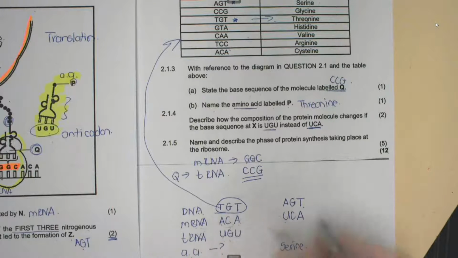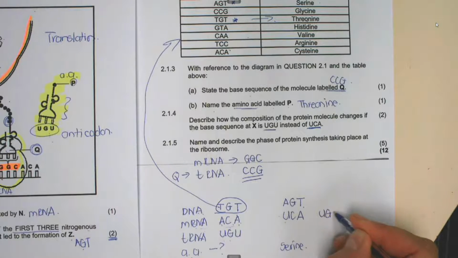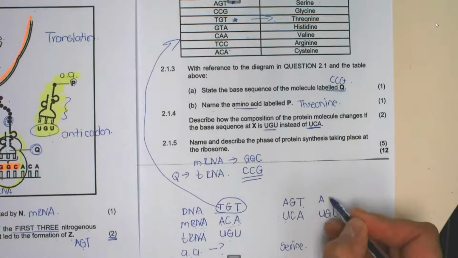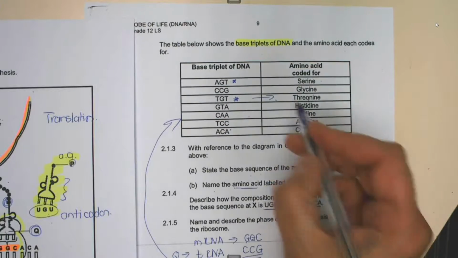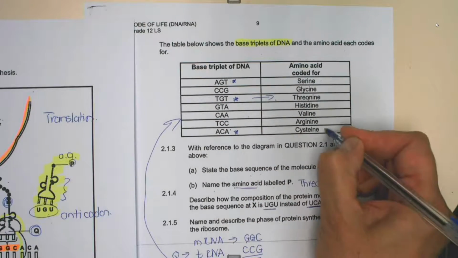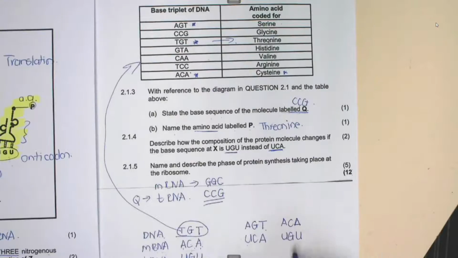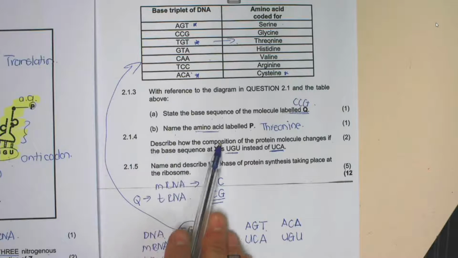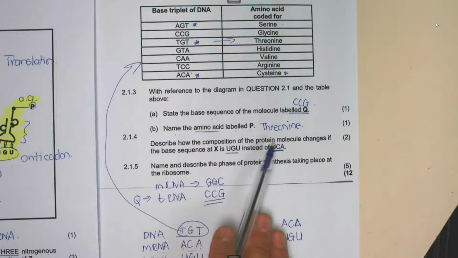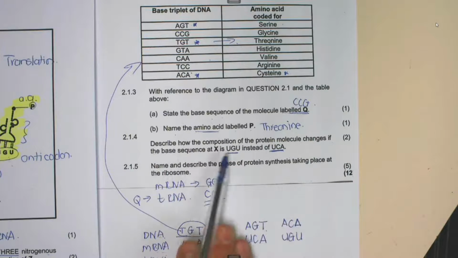If the mRNA is now UGU, what will happen to the DNA? I will have ACA. Do I have an example like that there? Yes, there's ACA. So what is the amino acid now? Now it's cysteine. Now when you answer this question, they're asking you how the composition of the protein molecule changes if the base sequence changes.